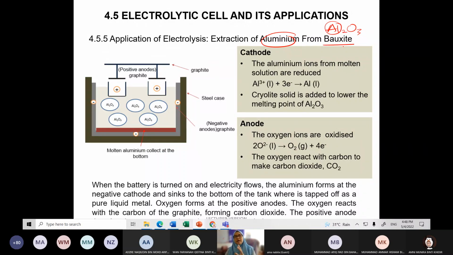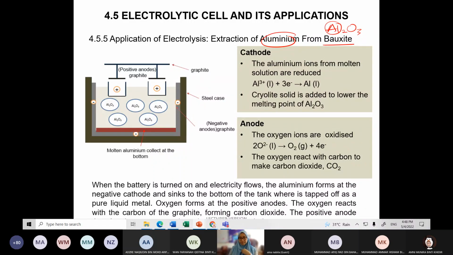It's because of the cost of extraction of aluminium. It's very expensive because we are using electrolysis to extract aluminium from bauxite. This electrolysis process uses a lot of electricity, so that's why the cost is high.